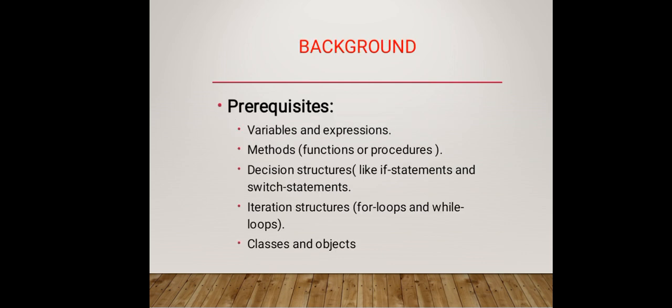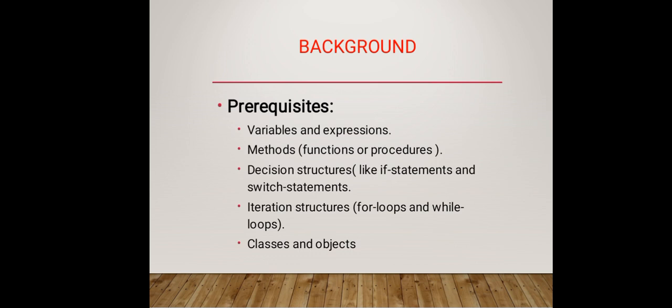Now let's look at a quick background of what data structures and algorithms are about. Some of the prerequisites are variables and expressions. Here we talk about the methods, functions, as well as procedures that are used in a computer language. Decision structures can be if statements or switch statements.